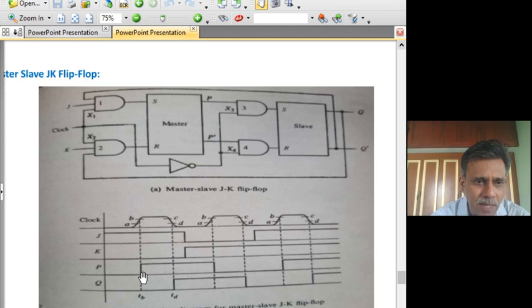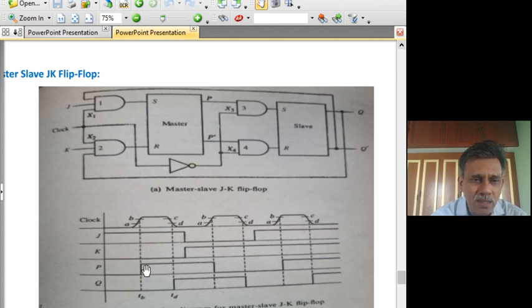So P becomes 1 because it is a set condition. J is equal to 1, K is equal to 0, P becomes 1. Again there will be a slight propagation delay here, not very much enlarged, but P will become 1.